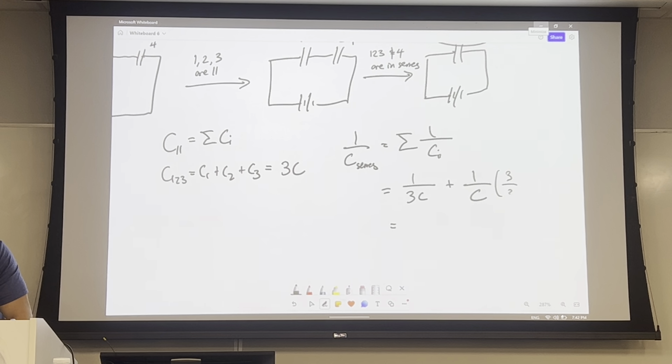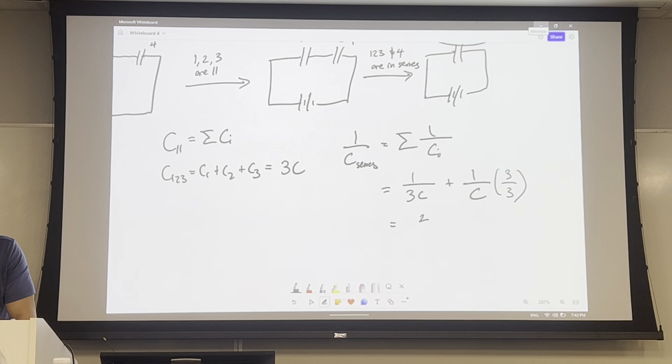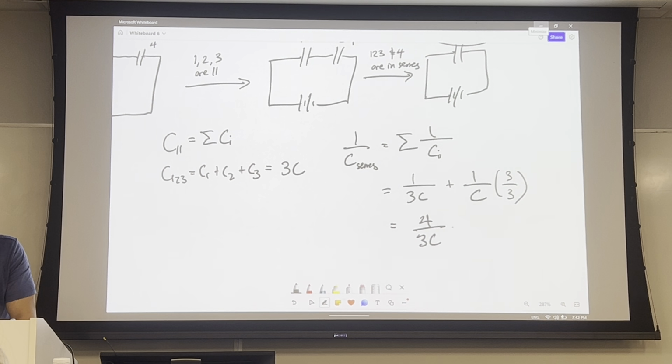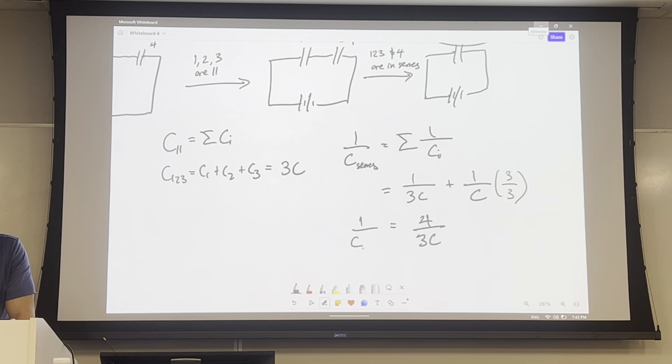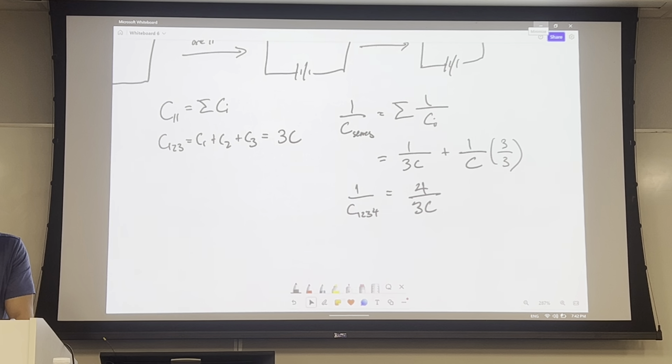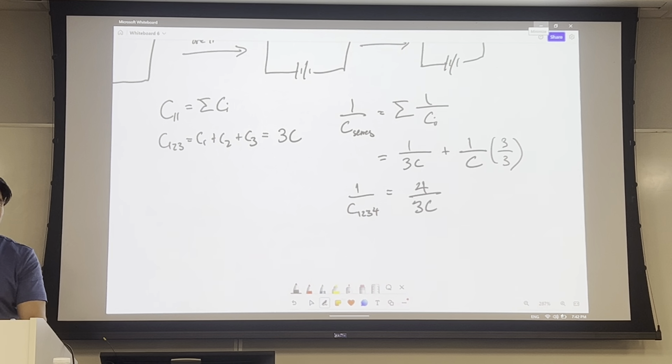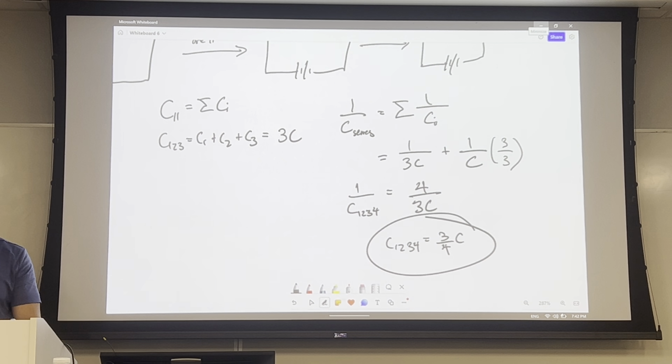At which point you're going to get 4 over 3C. And that's what 1 over C1234 would be equal to. Well, I don't want 1 over C1234, I just want C1234, which is 3/4 C. And that was the final solution.